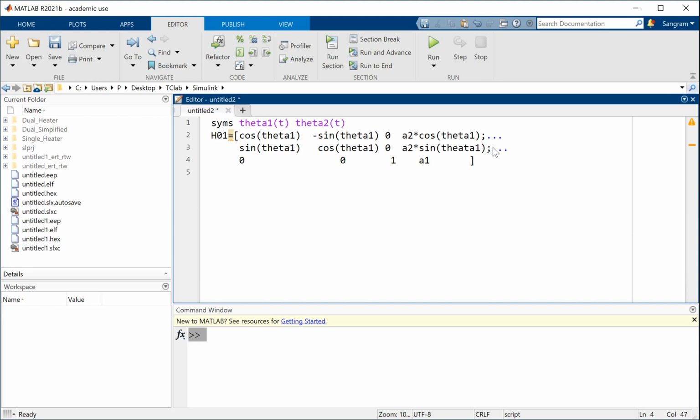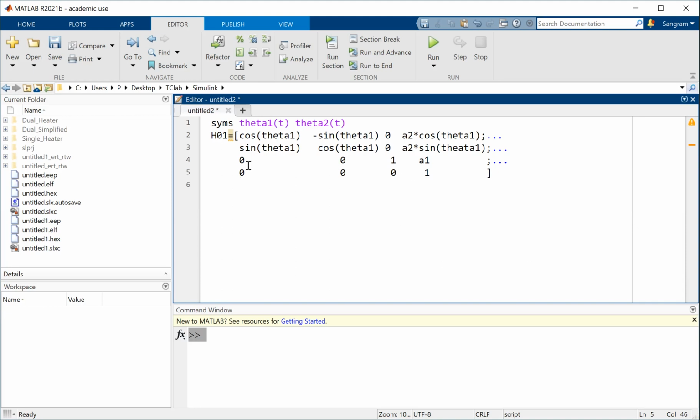Then a semicolon and so on. 0, 0, 1. Oh, 0, yeah. 0, 0, 1.